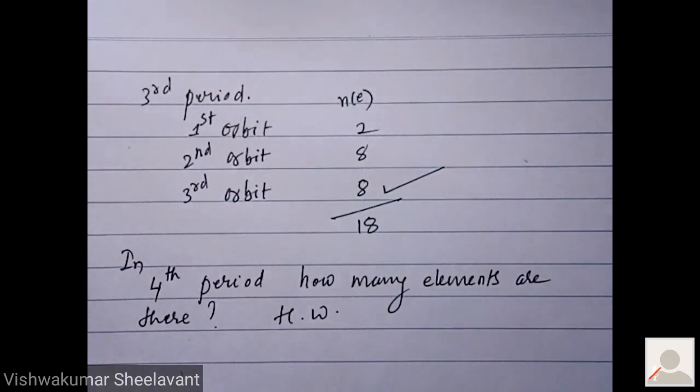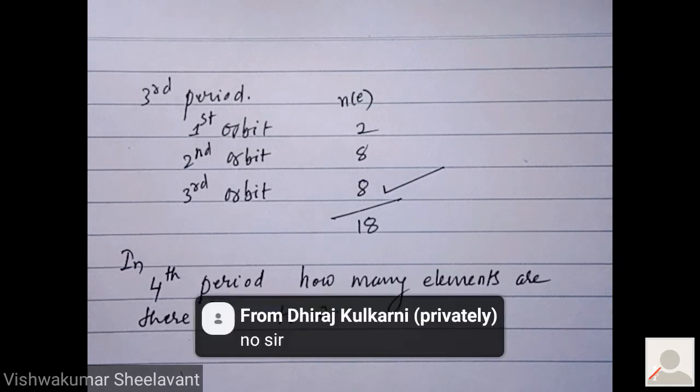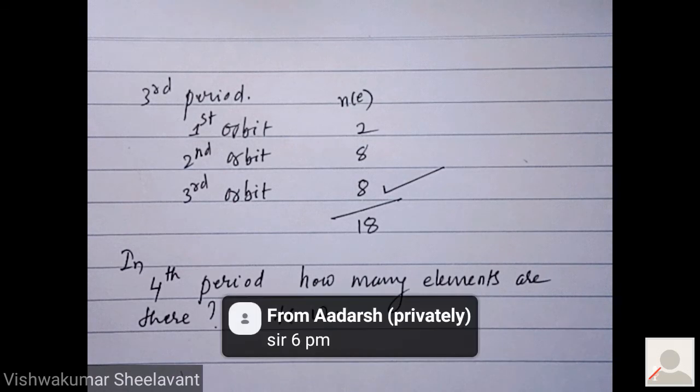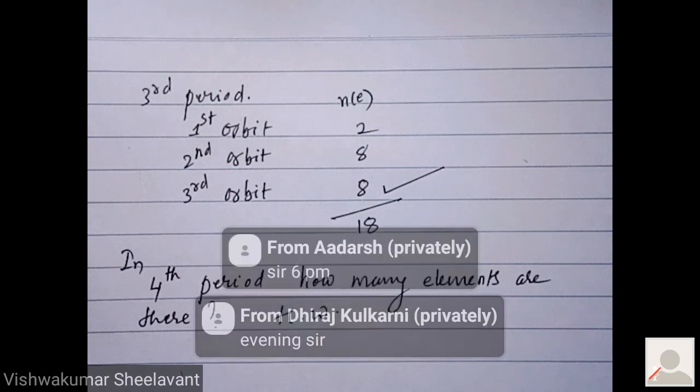That is tomorrow morning, once again 6 o'clock, do you want? Is it okay? No, not okay. Then tomorrow at what time should I take? 5:30 to 6:30, is it okay?